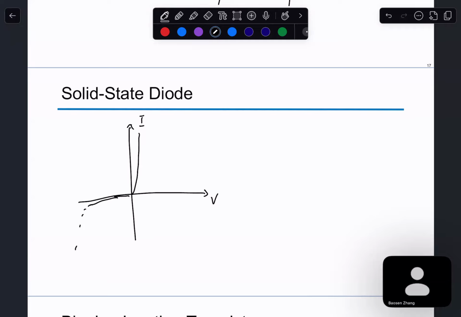This is a good characteristic, as it allows one-way power flow. But the drawback is that there is no control, so there's really not a switching action going on. Whether the diode is on or off depends just on whether we apply a voltage.